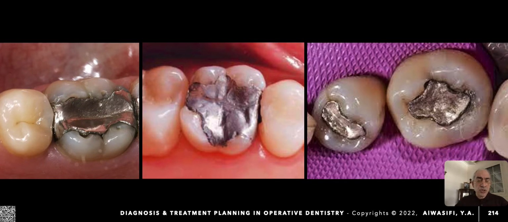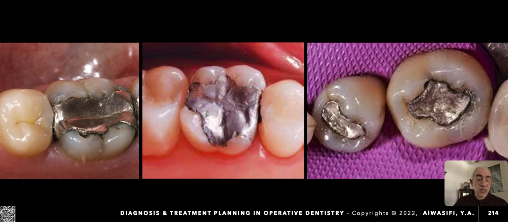Those are pictures of amalgam with gross ditching at the margins. This gross ditching either appears immediately at the second visit, or at the same visit if you are working beyond your working time and insisting to carve your amalgam while it undergoes initial setting. Those are old restorations showing marginal ditching.